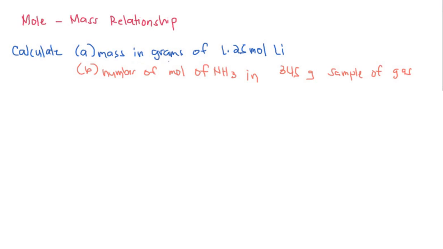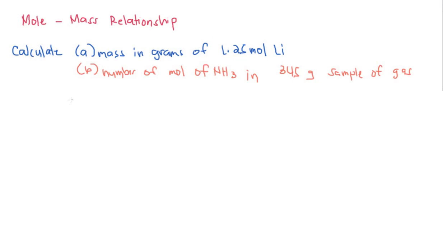We will calculate the mass in grams given 1.25 moles of lithium. The first step is to determine the relationship of the mole and the mass, which is why we need the molar mass.